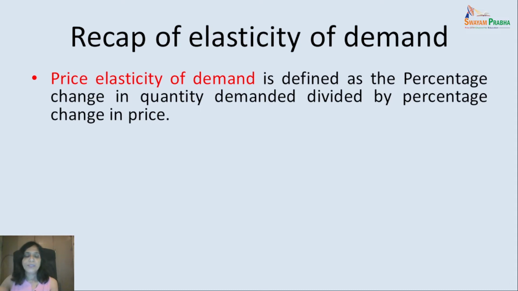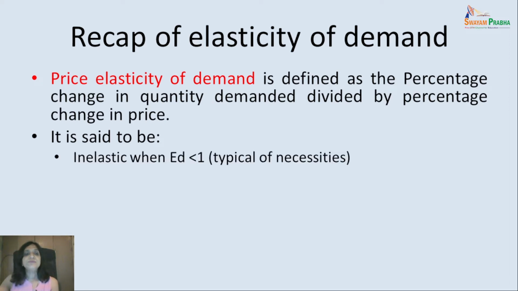We had also understood that there are various types of elasticity of demand. That is, when we calculate this elasticity of demand, the answer that we get has certain interpretations. We had talked about two extreme cases, where the elasticity of demand was zero, which we had called perfectly inelastic demand, and the demand curve for the same was a vertical line.